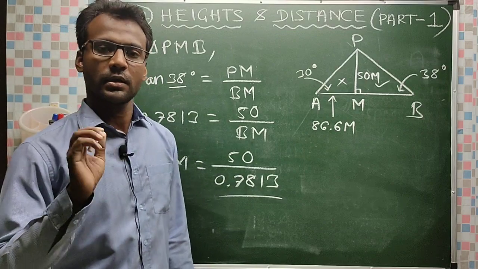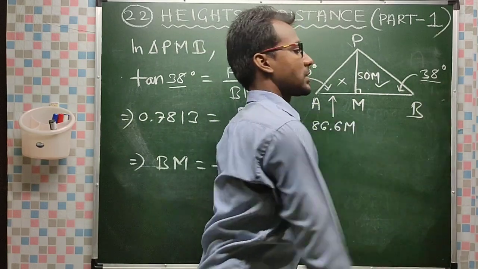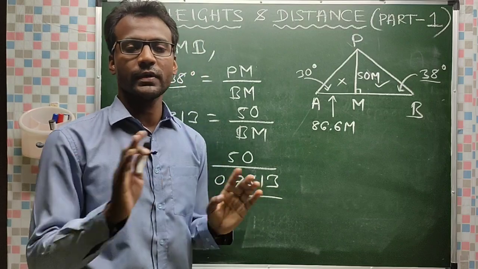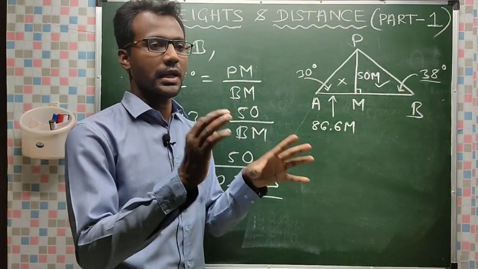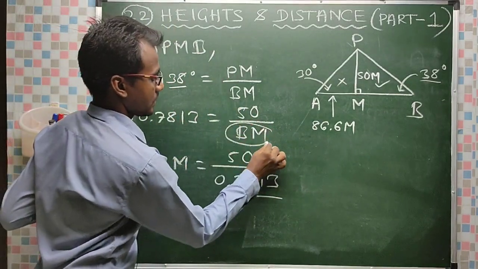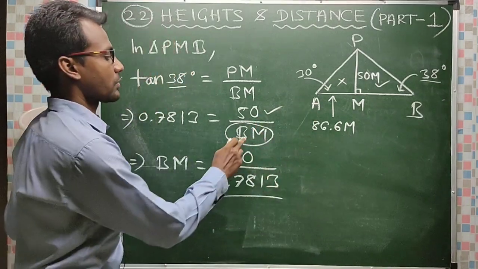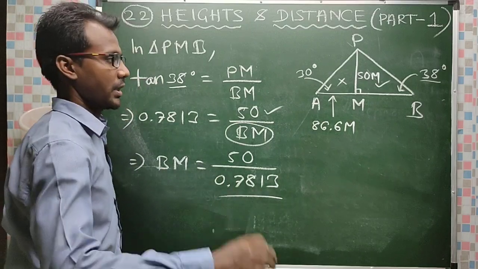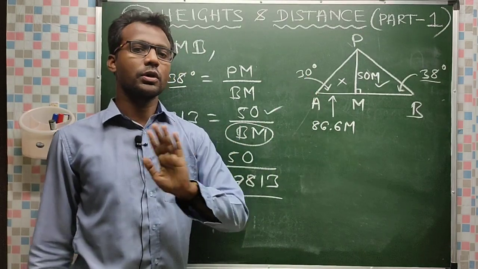But in this triangle, the angle is not standard. When we used tan theta, the known side was in the numerator, but the unknown side was in the denominator, for which our calculation became very complicated. So when there is a standard angle, you don't need to worry.